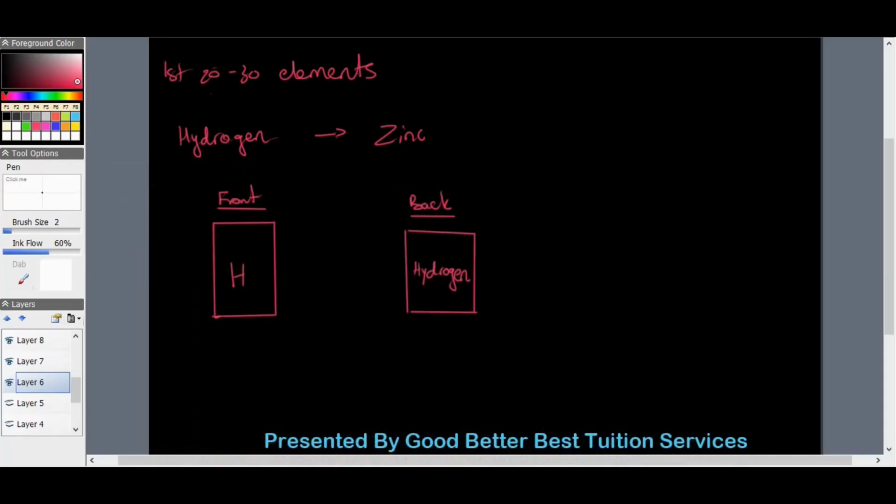It'll just have the element's symbol, and you must know that it is hydrogen if it's H, or Ni if it's nickel, or Zn if it's zinc. You must just know that. So this is a good way to practice, to make sure, of course, that you get that part sorted out.